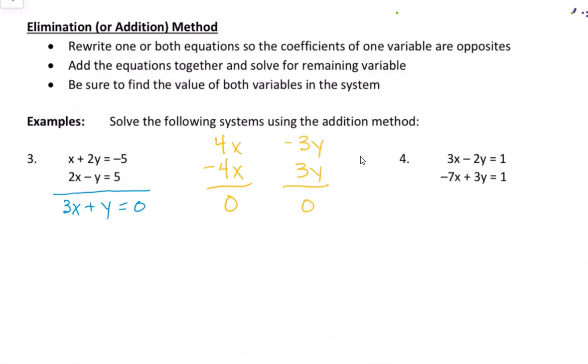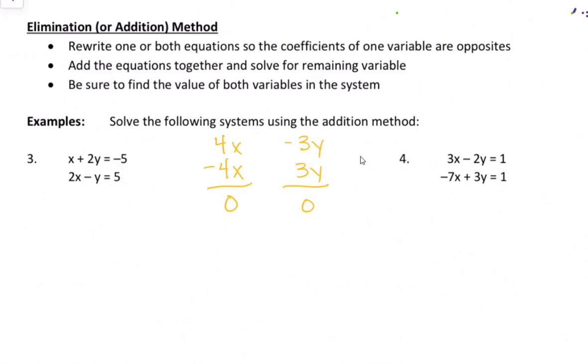So what I need in order for a variable to drop out of the system is their coefficients have to be opposites of each other. So same number, one of them positive, one of them negative. That's the manipulation that I'm talking about that we have to come up with before we actually add the two equations together.